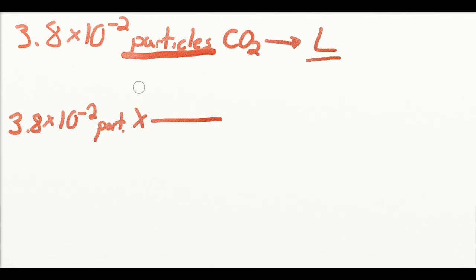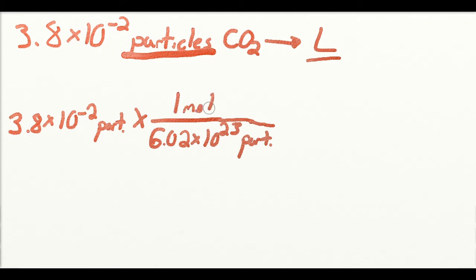In the bottom part, we're going to put particles, and if you do not remember the number for particles, it is Avogadro's number, which is 6.02 times 10 to the 23rd particles. In your paper you should have enough space to write it. I am doing it through a program and I don't have that much space, so please make do with what you have.